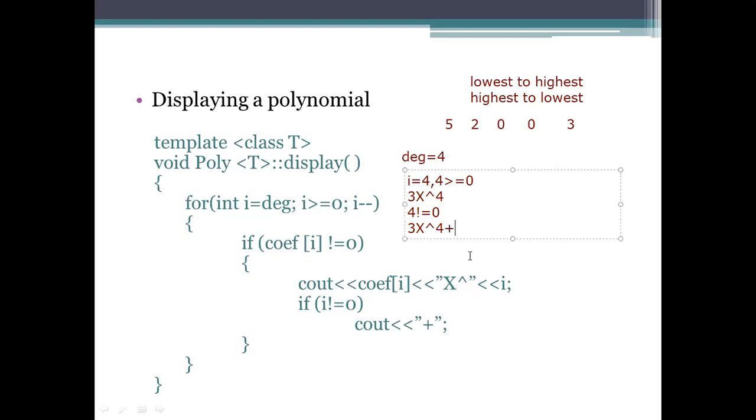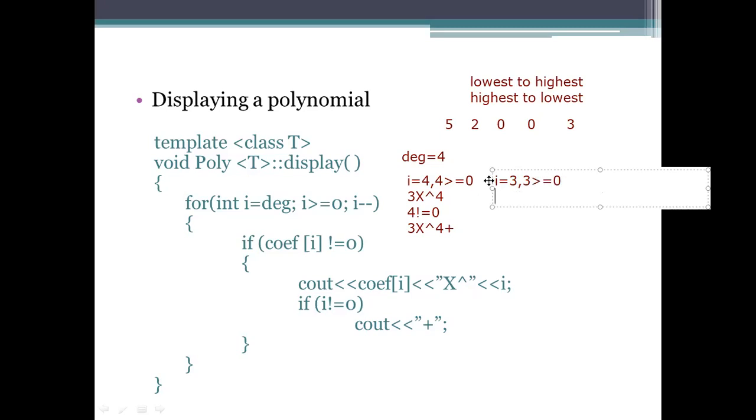So that is the first one. Coming to the next one, decrement the i value. What is the i value here? i equals 3, and 3 is greater than or equals to 0.